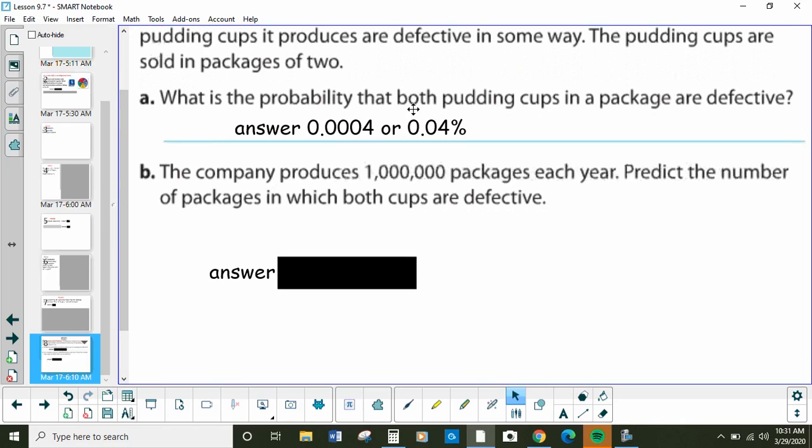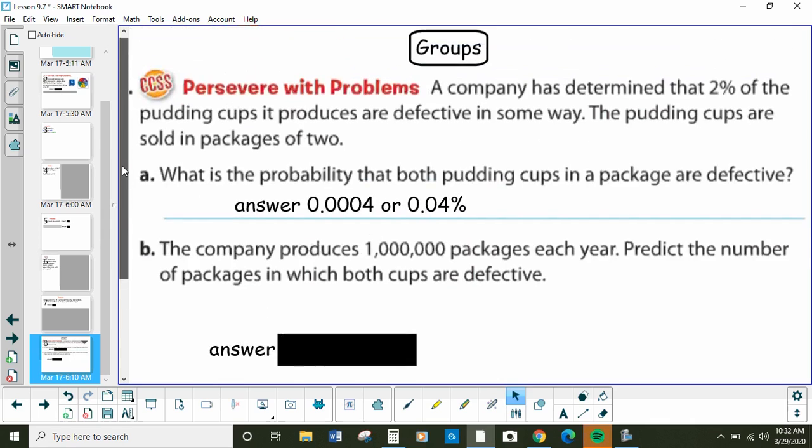So we know the chance of this happening is, well, let me say this differently. The probability that 2 packs are going to be defective is 4/100th of a percent, or 4/10,000ths, right? Now, some of you might have done this differently.